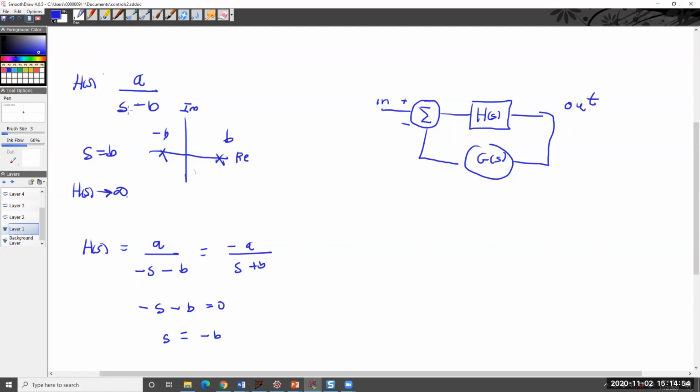So them having opposite signs is what puts B on the positive side, which then the inverse Laplace of this is proportional to e to the plus bt, which is exponential increase.